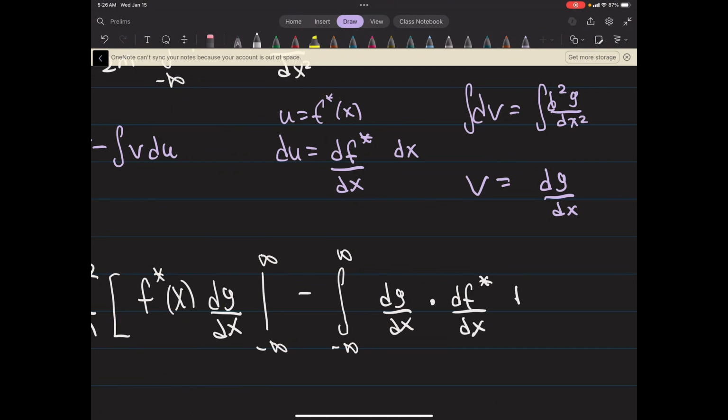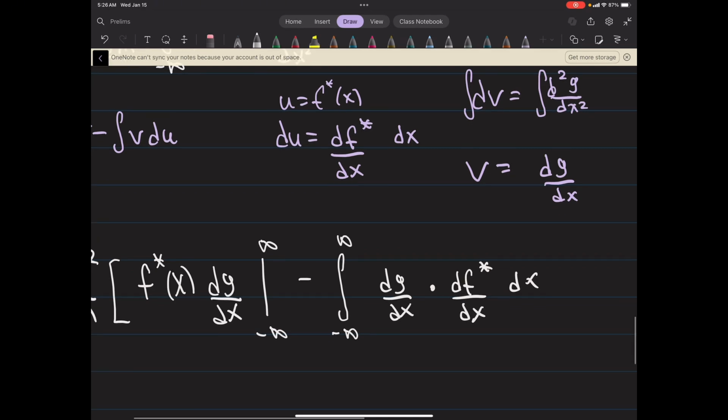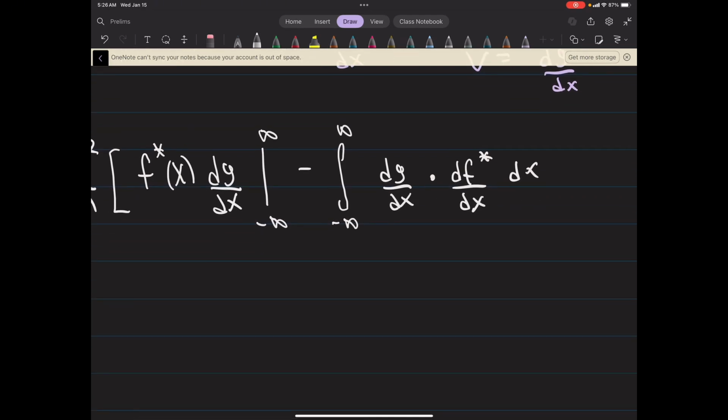U times v, and this will be evaluated at our bounds, minus the integral with the same bounds of v du. So we can do this once again, looking at this integral. And you can let u equal this, which tells you that du equals, now it's a second derivative.